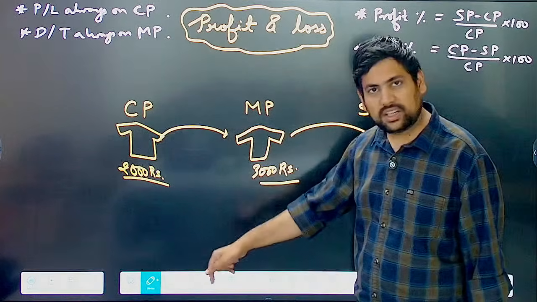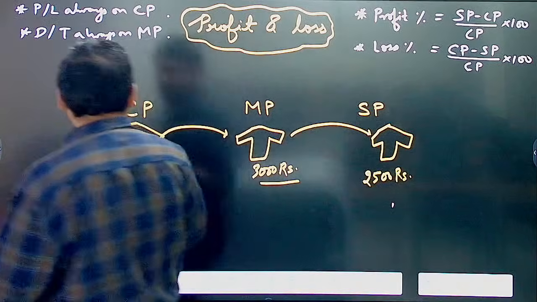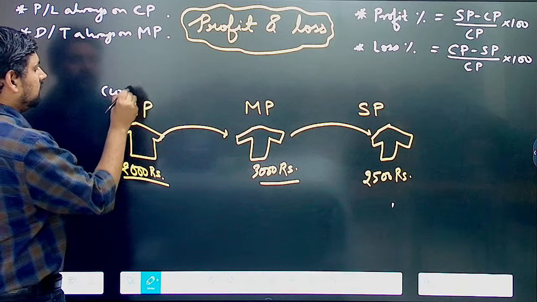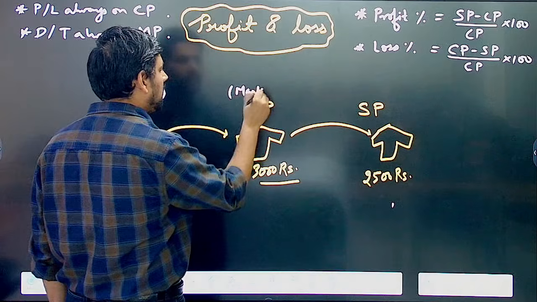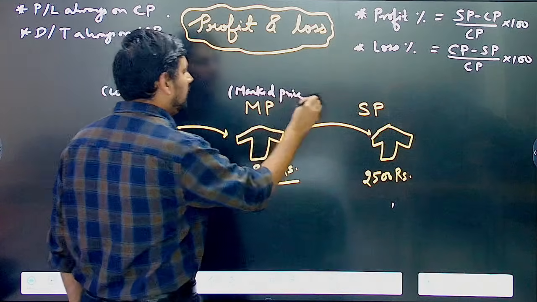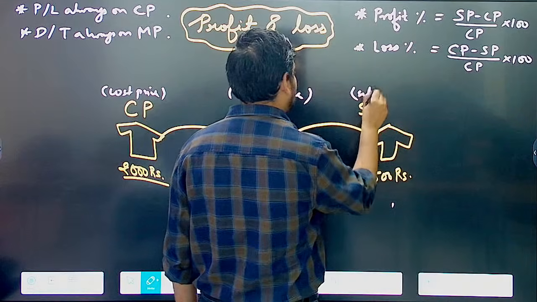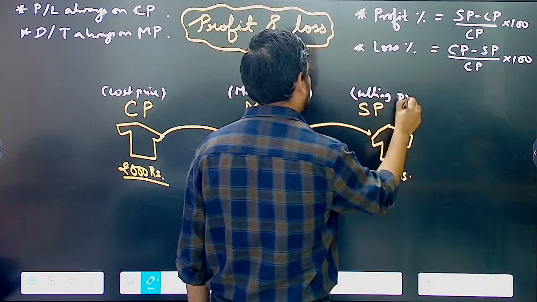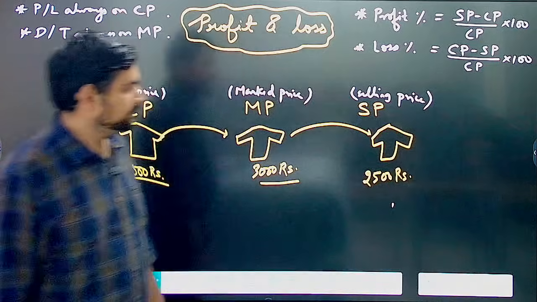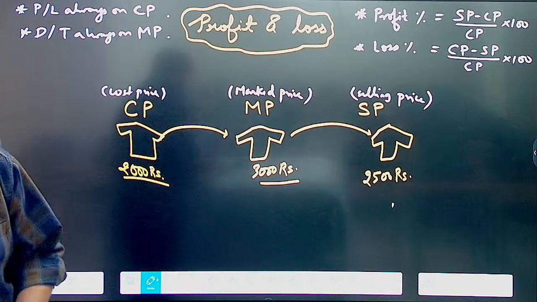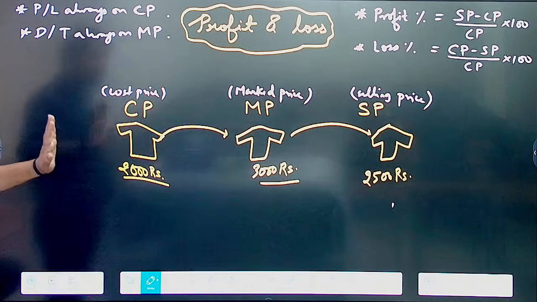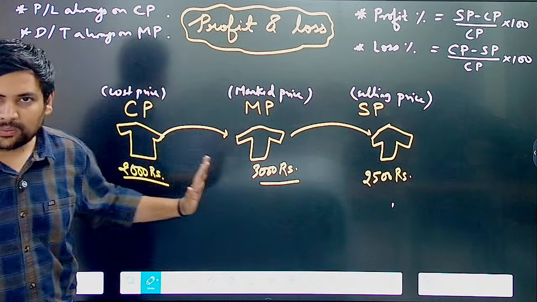Now, these are the three terms. This is cost price, this is marked price, and this is selling price. Now let's see what the shopkeeper is doing here.